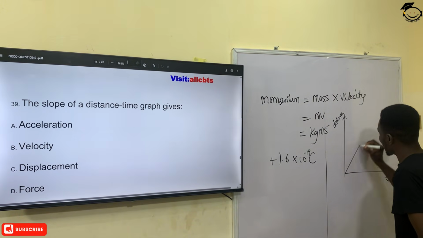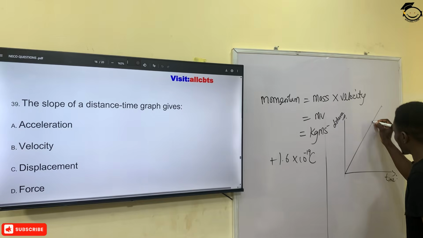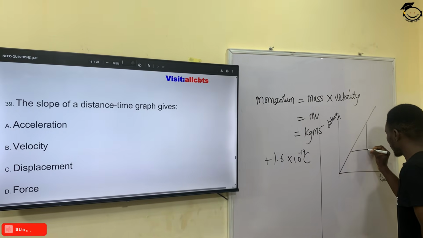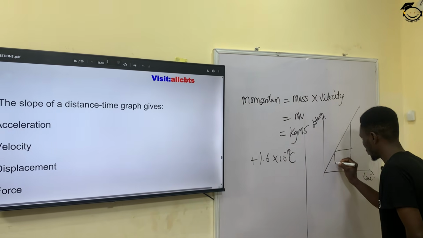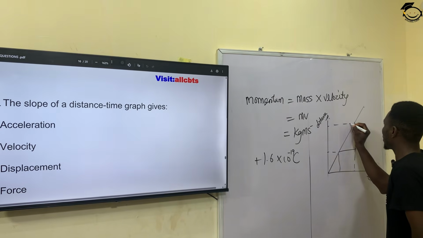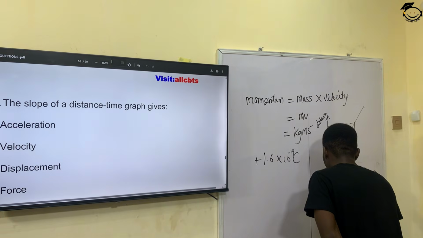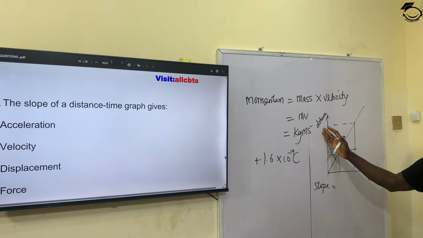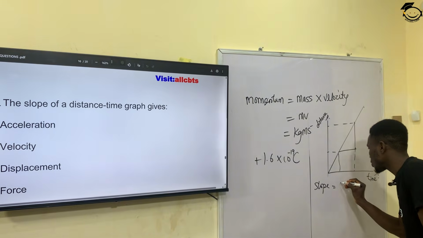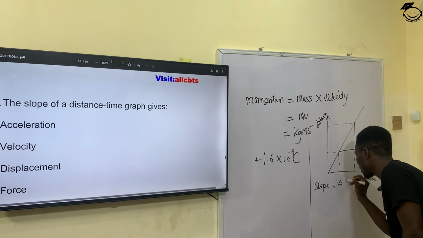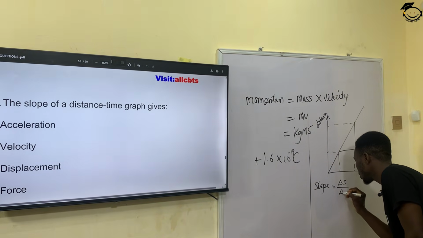So let's say this is the graph. If I draw the slope of this graph and I'm to calculate it, we know that slope is supposed to give me change in the y-axis over change in the x-axis. So in this case, I have change in distance over change in time.